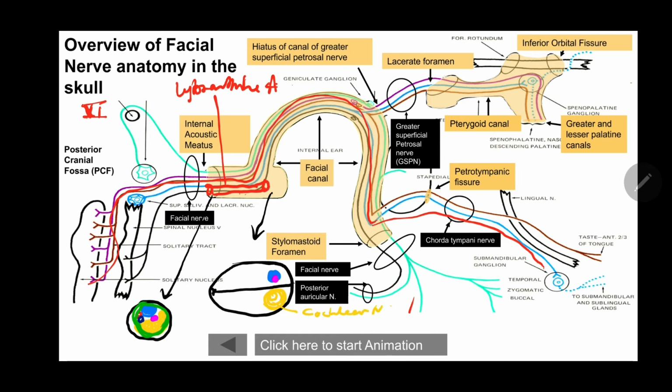Now about the vestibular fibers, because it's an incoming nerve, right? It's bringing in sensations, so the fibers have not yet united. The fibers from the semicircular canals, the crista, and from the macula are coming out separately. At the fundus, they are all separated in separate bundles. So how to remember that? I'll try to help you learn this.